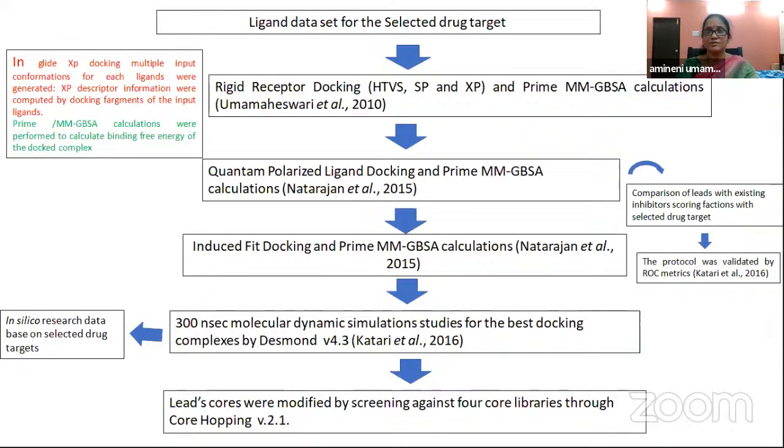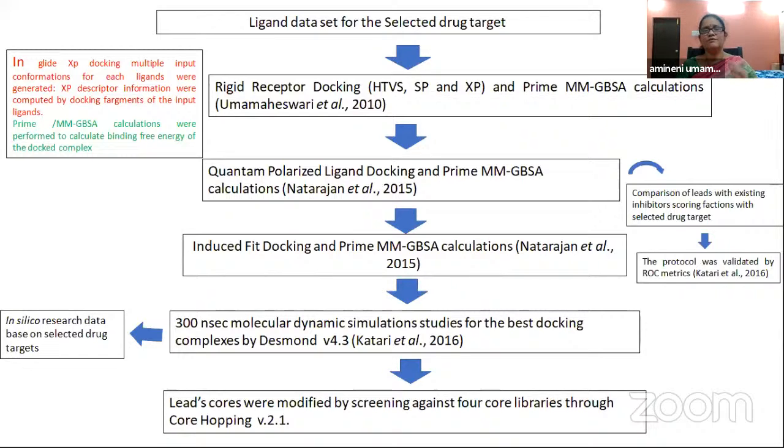Before this, I forgot to tell one thing. After the QPLD docking, if we get good molecules, then we have to validate these lead molecules. Here we take 100 decoys, these lead molecules and the existing inhibitors, combine them into a database, and do the docking studies.